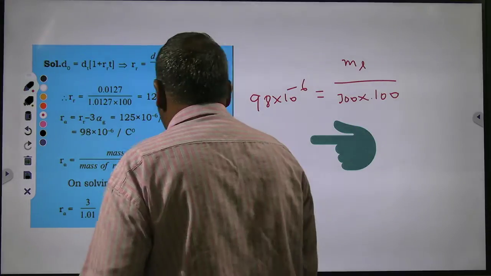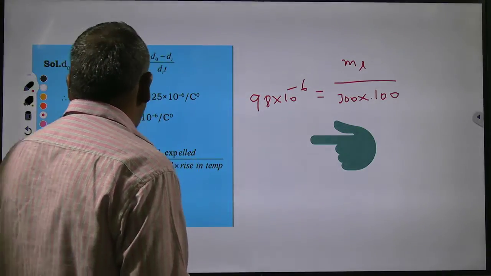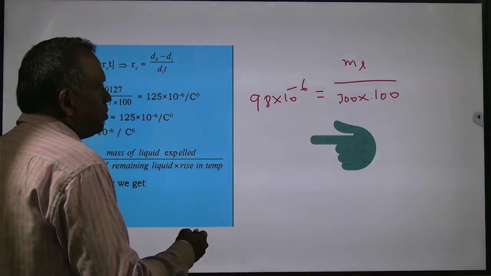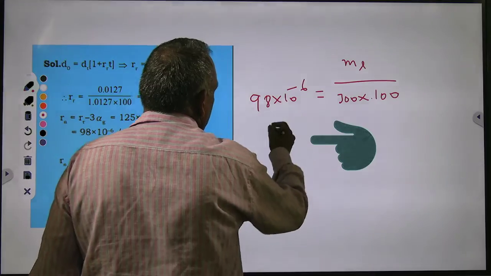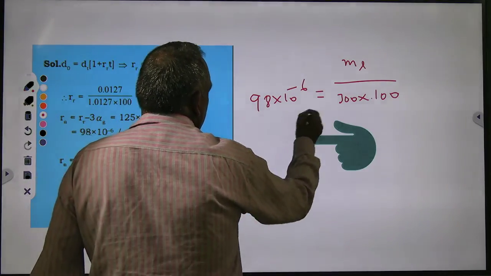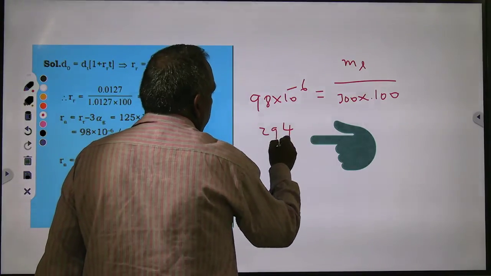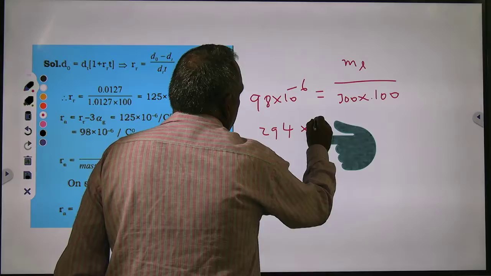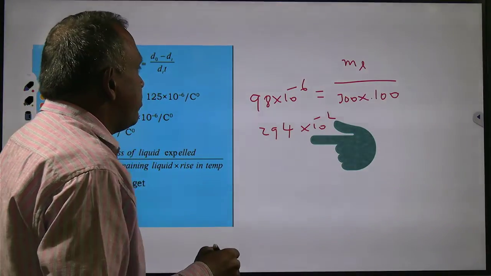Now try to solve for the mass of liquid expelled. 3 into 3, 3 8s are 24, 3 9s are 27, so 294 into 10 power minus 2. Simplify, and you are going to get the value.